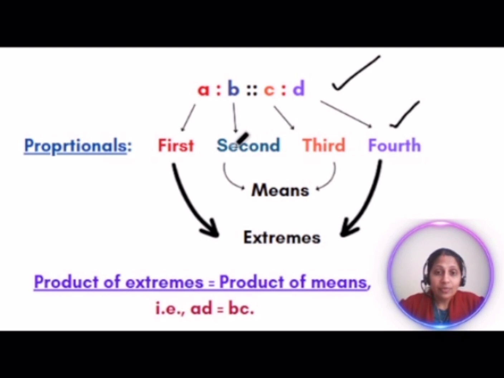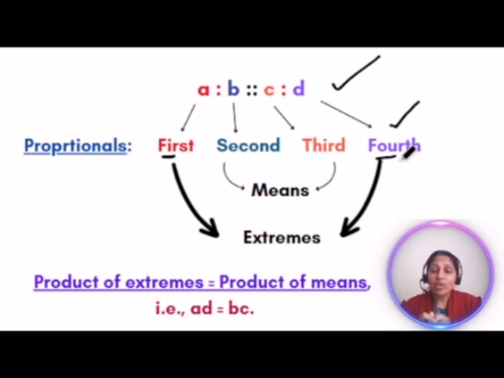Before that, we must know that the first term and the last term, which are the first proportional and the last proportional, are called the extremes because they are present at the extremes of our proportion. And the second term and the third term are called the means or the middle terms.